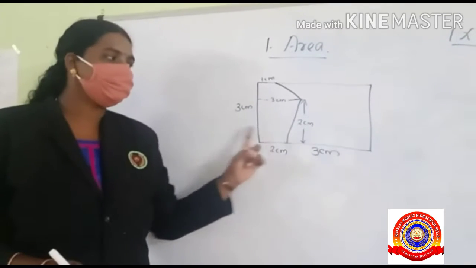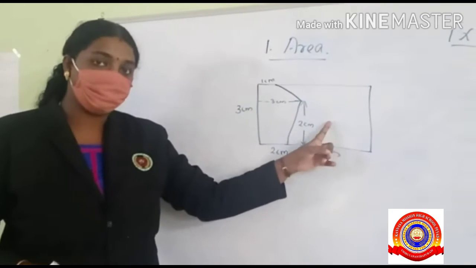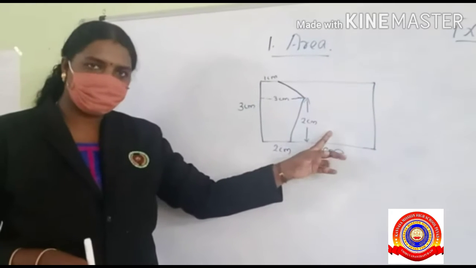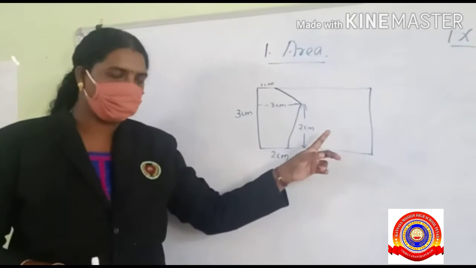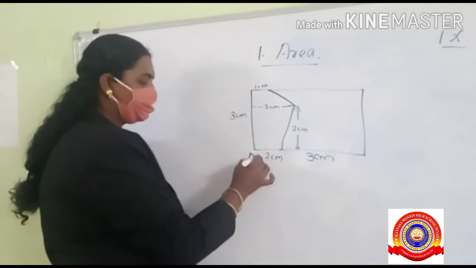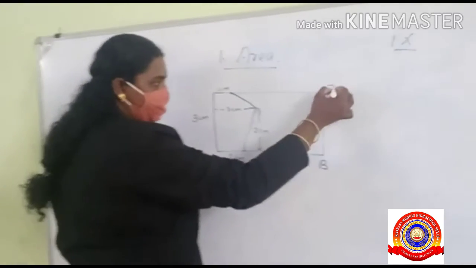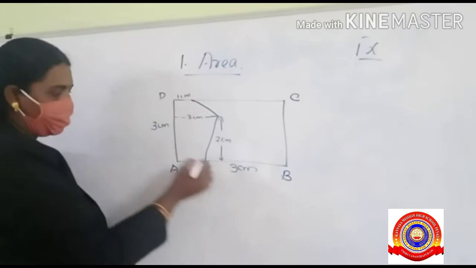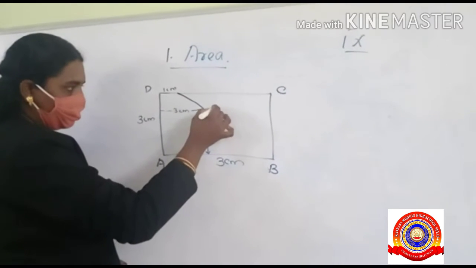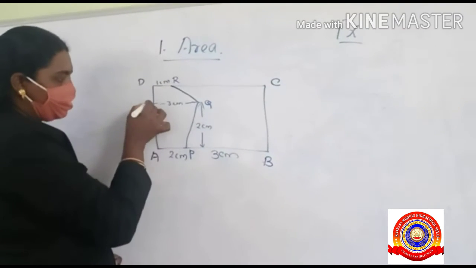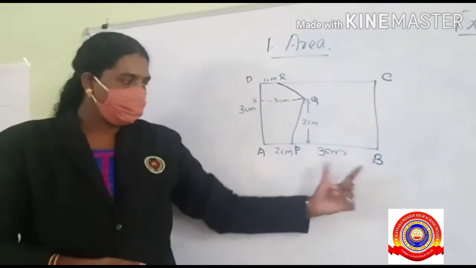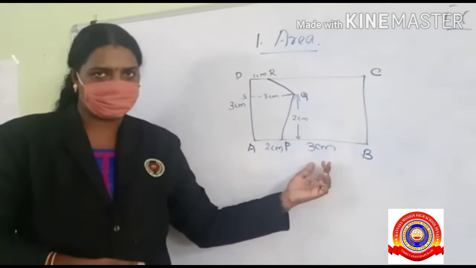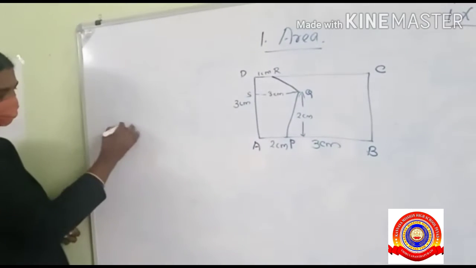Here, a rectangle is divided into two parts, especially two unequal parts. We have to calculate the areas of both the parts. Before, I named the rectangle as A, B, C, D and P, Q, R, S. Here, AB equal to 2 plus 3 equal to 5 centimeter.